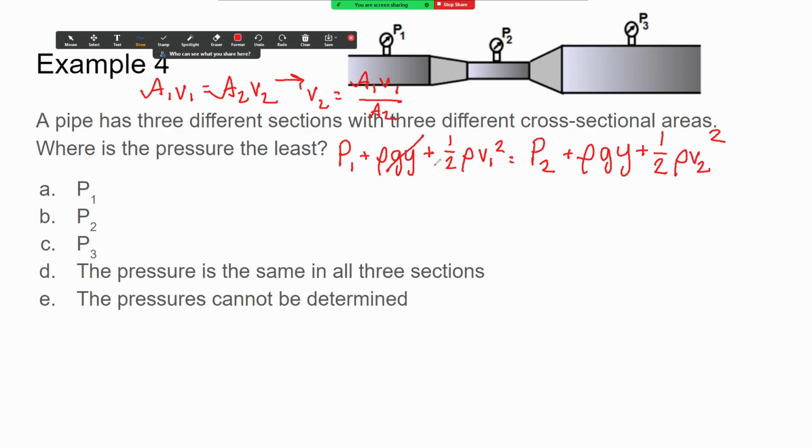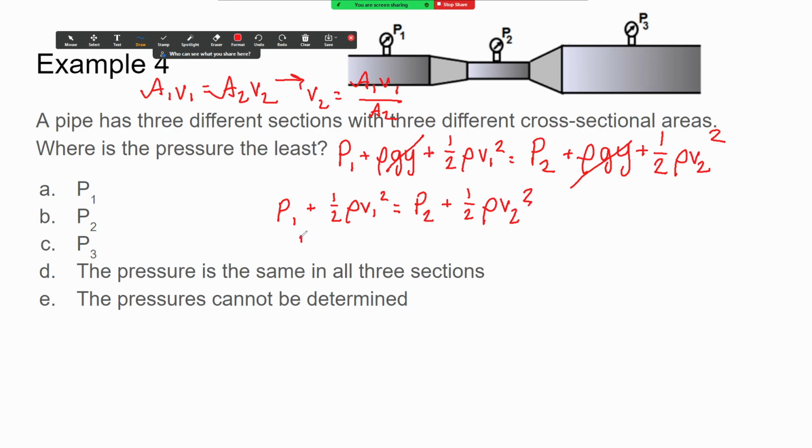The cool thing about this is that this term and this term go away, and they wouldn't always, but this is horizontal flow, so y is not changing. These barometers are all at the same height. So P1 plus 1/2 rho V1 squared is equal to P2 plus 1/2 rho V2 squared.